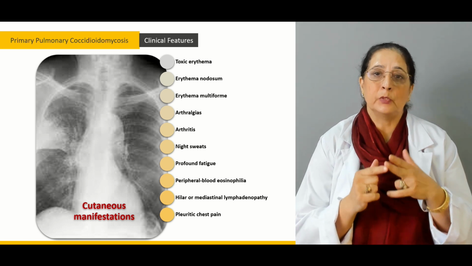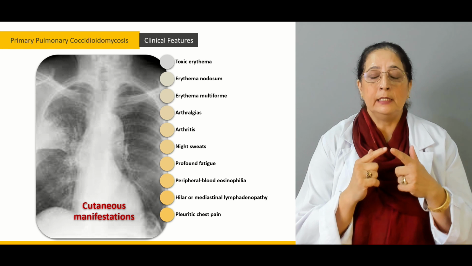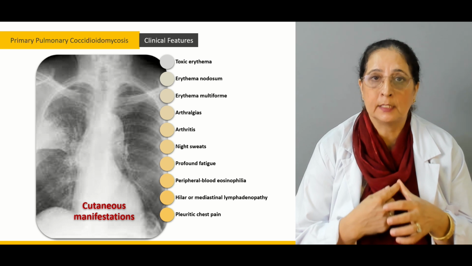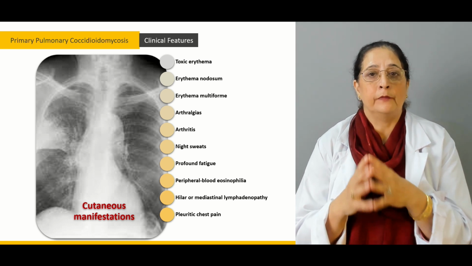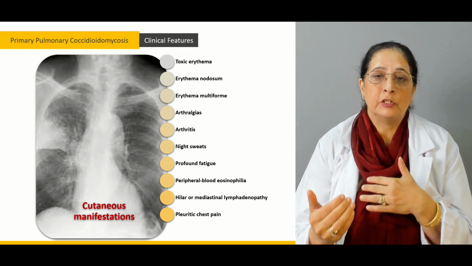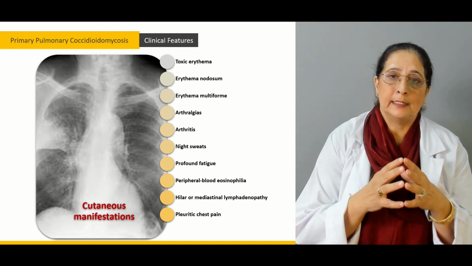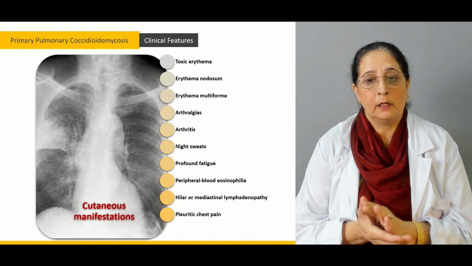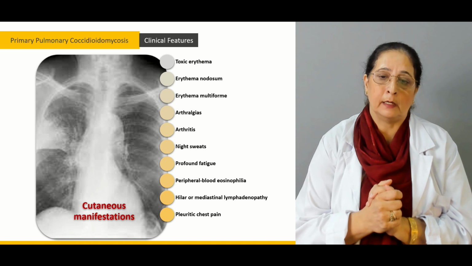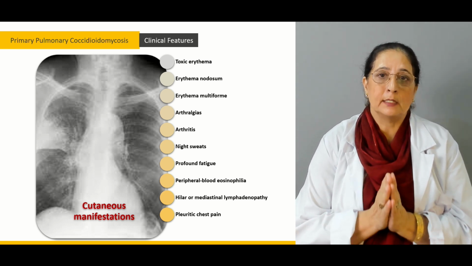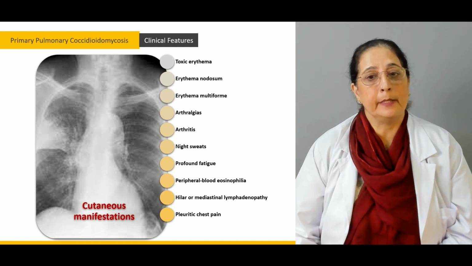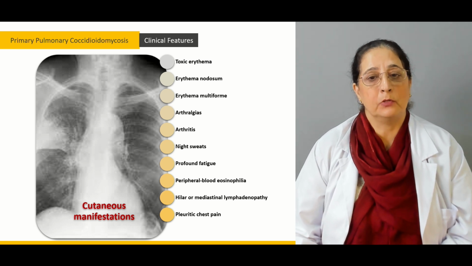Main symptoms are associated with the lungs, because the infection is caused by inhalation of the fungus, and this causes cough, fever, chest pain. Then we have other features associated with the skin, like erythema nodosum, erythema multiforme, toxic erythema, and involvement of the joints causing arthralgia, arthritis. So these are some characteristic symptoms of the patient with coccidioidomycosis.